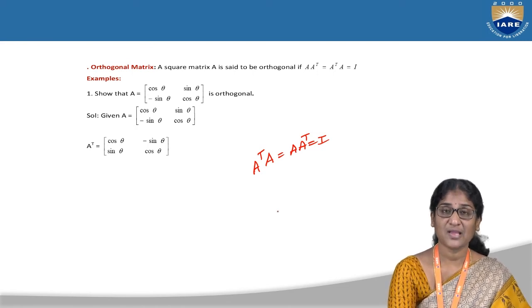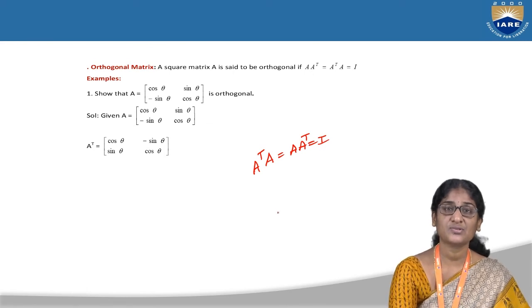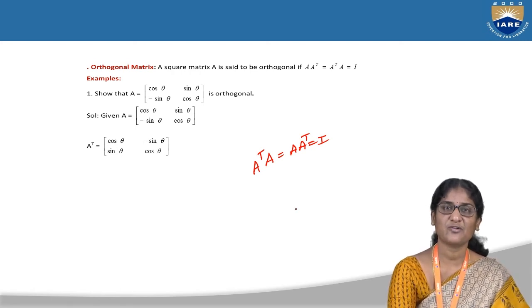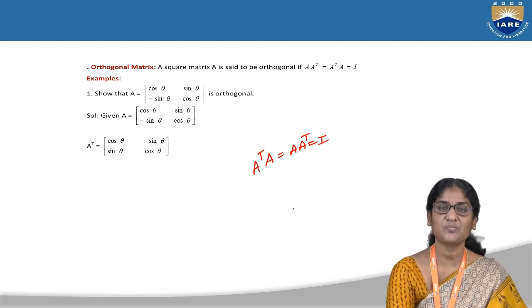If capital A is a square matrix and you take the transpose, multiply each other, and you get the identity matrix, if this property is satisfied, then we call such a matrix an orthogonal matrix, and this matrix plays a very prominent role in matrices.